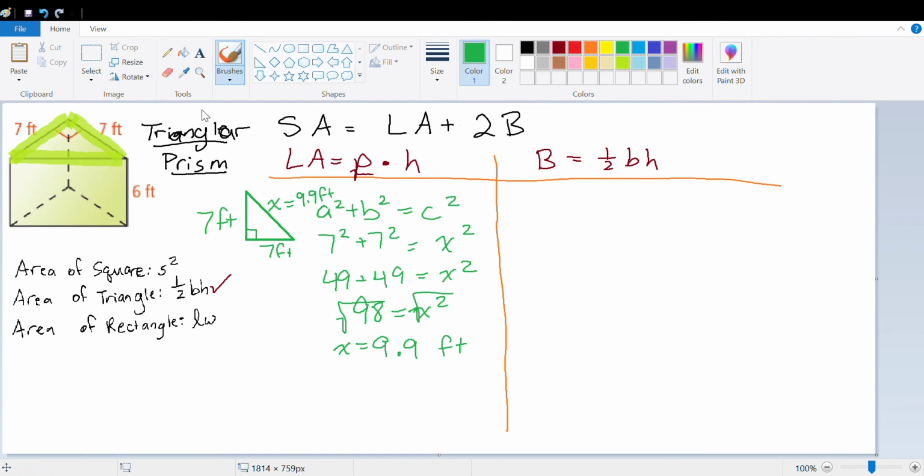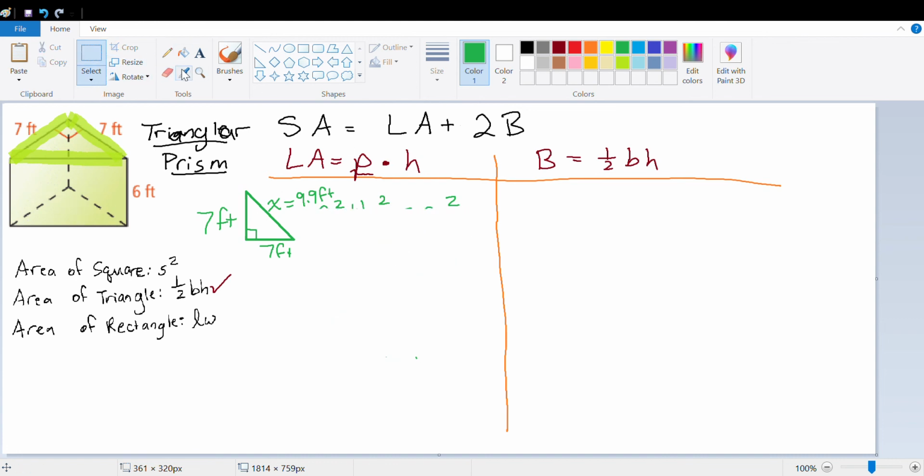And now, since I did all of this, I can go ahead and find my perimeter. You might be wondering, well, this is a lot of steps. Yes, it is a lot of steps. But it's necessary for us to find that missing side because we won't be able to find the perimeter without it. Because remember, perimeter is the sum of all sides of the figure.